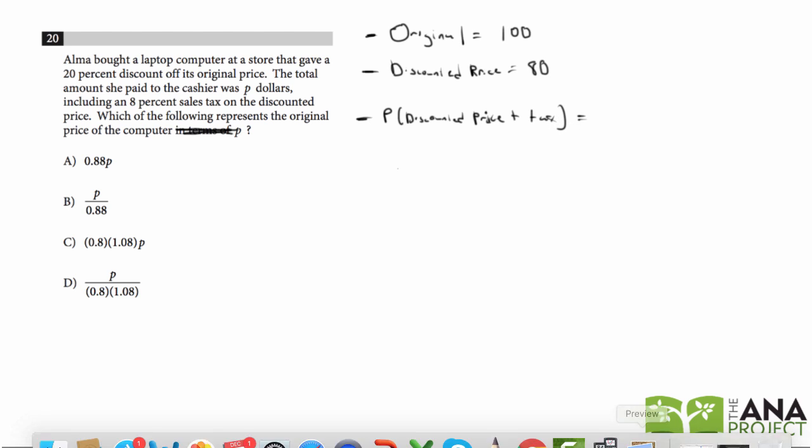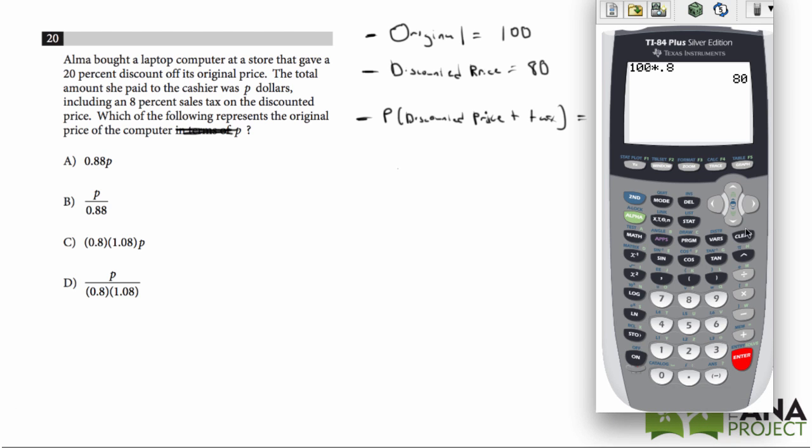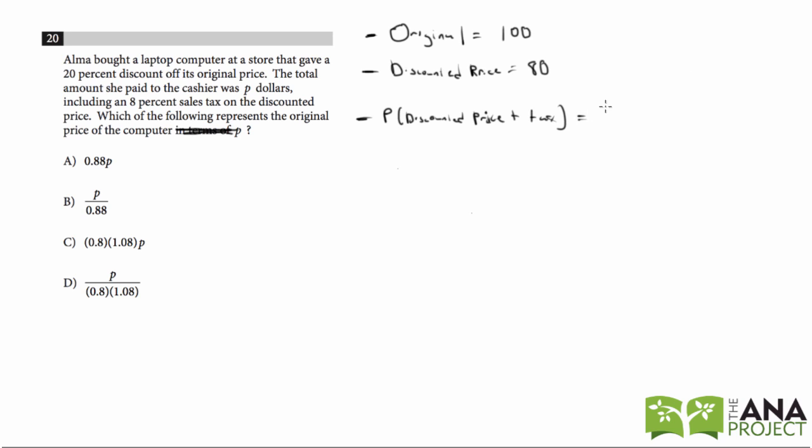So it'd be 80 times 0.08. So the tax would be $6.40. So we just would add this to 80. Alternate way is 80 times 1.08, or you can skip a step. So it's $86.40.